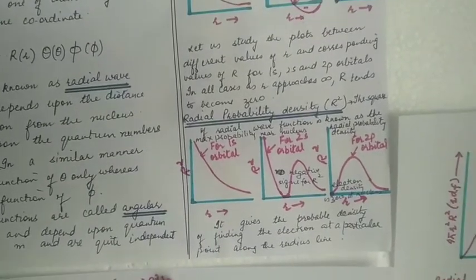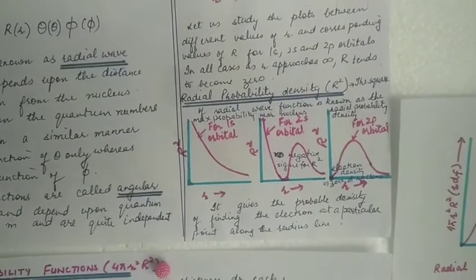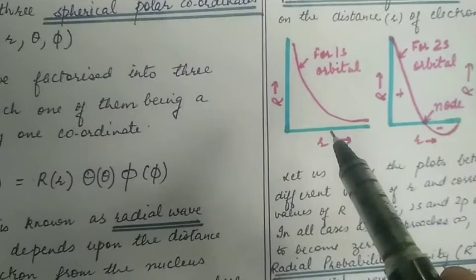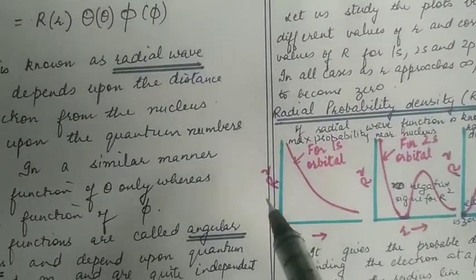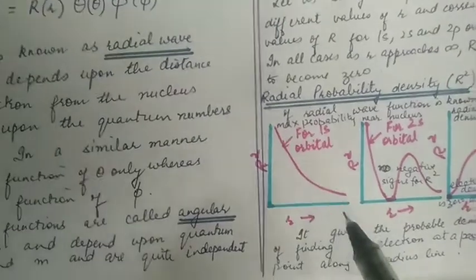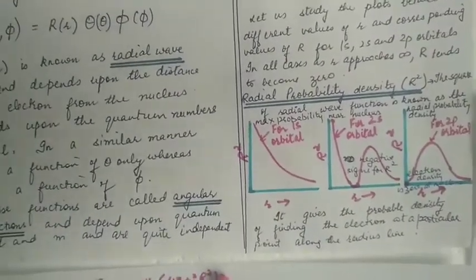Then radial probability density, in case of 1s orbital, the graph is similar to that of the plot of radial wave function against r. Here the probability density against r also has a similar plot.